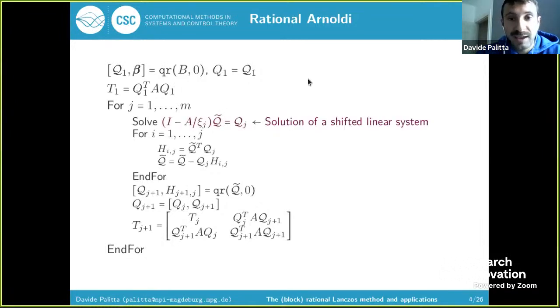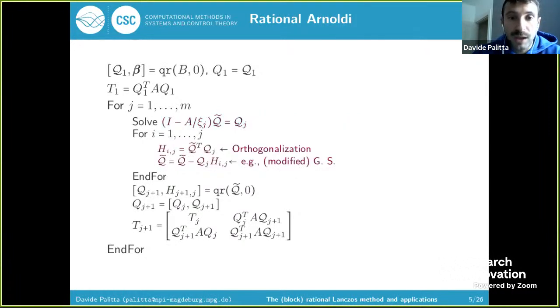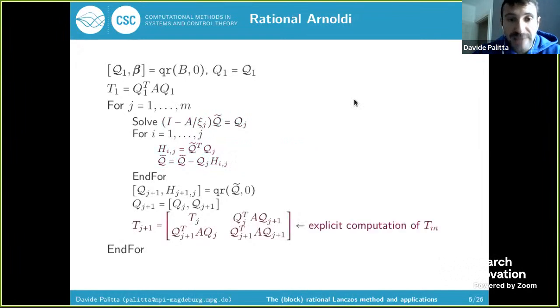At each iteration we have to solve a shifted linear system, since we have a rational Krylov subspace, not a polynomial one. We orthogonalize, basically doing Gram-Schmidt here, and then we update the projection of A onto the subspace, computing this T_{j+1}.